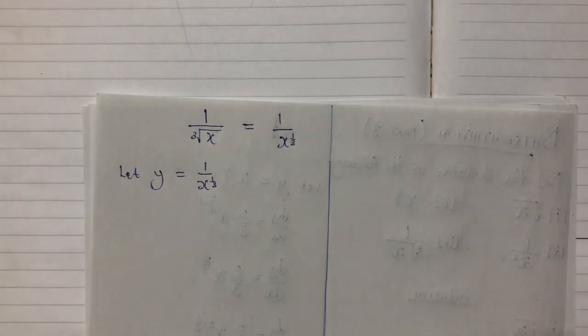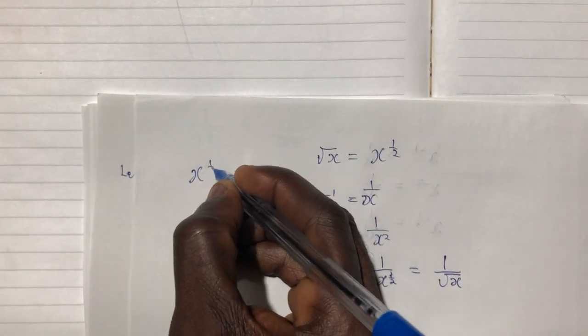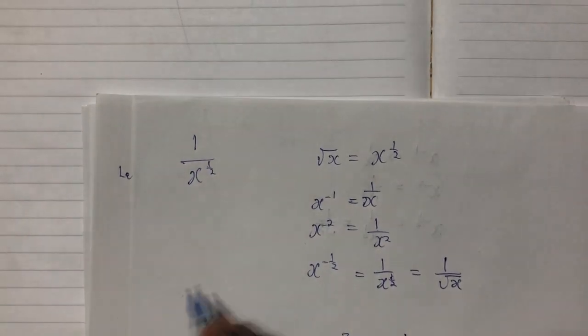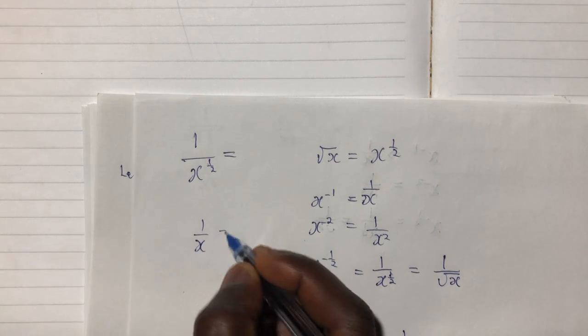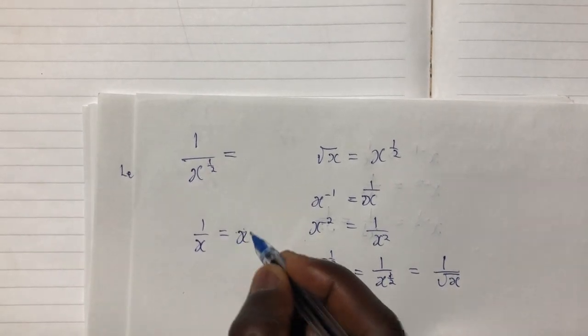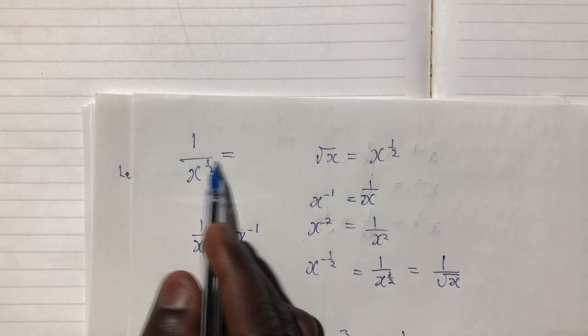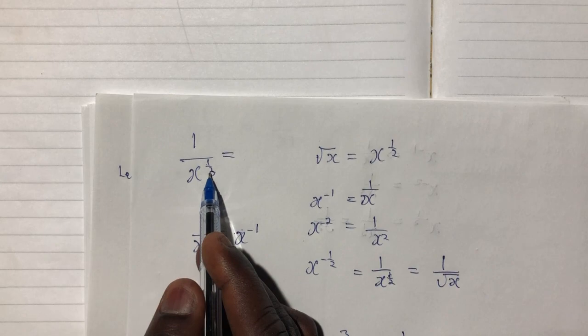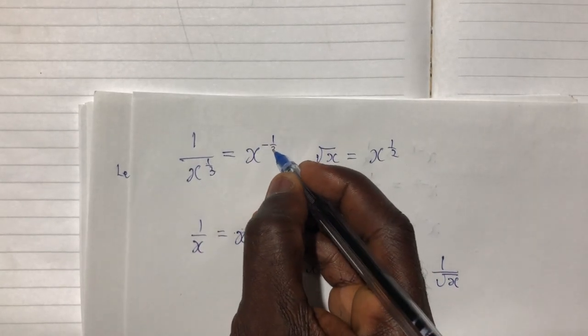Anytime I have 1 out of x raised to the power 1 out of 3, I can use indices to say that if I have 1 out of x, which is equal to x raised to the power minus 1, then if I have 1 out of x to the 1 over 3, I can have x to the negative 1 out of 3.